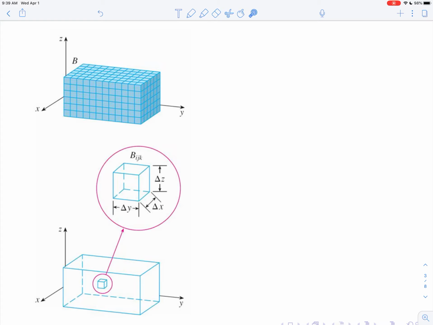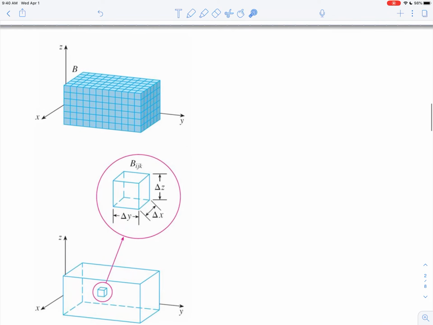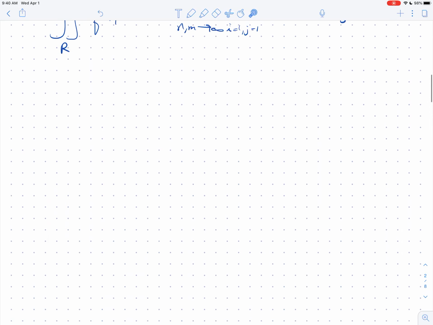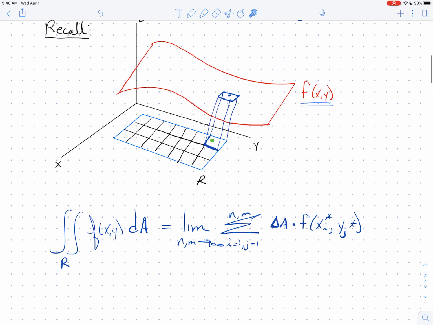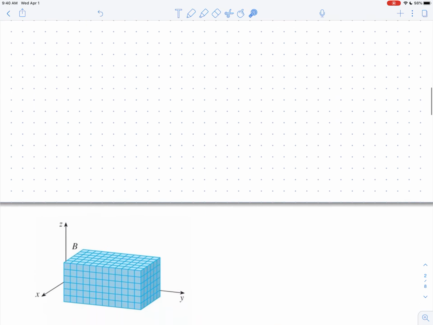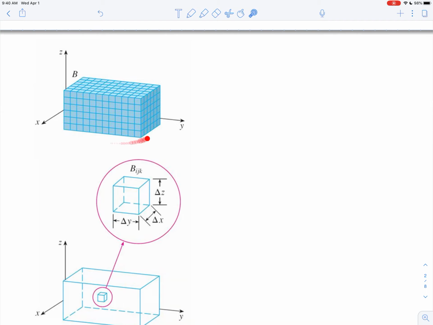Here's the basic idea. You start with a solid in 3 space. For double integrals, we started, I'm going to scroll up slowly here so as not to make you seasick, with a region, a piece of area in 2 space. For triple integrals, we start with a solid in 3 space.